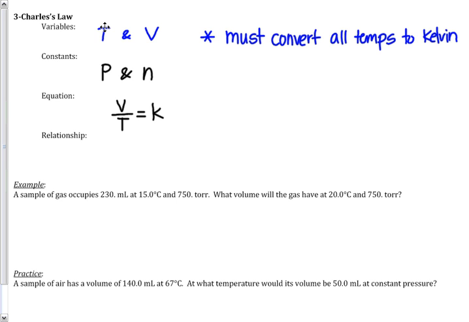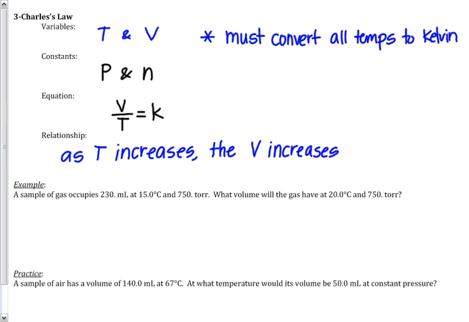Basically, think about what you know from your own experience. As the temperature increases, the volume of the object would increase as well. You might have seen this happen with a bunch of balloons, like if you buy balloons for somebody's birthday.